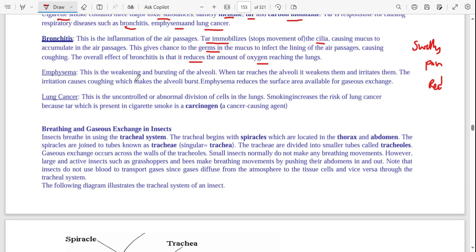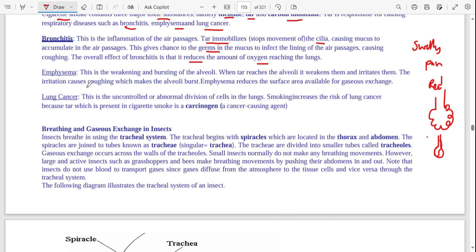Emphysema is a weakening and bursting of the alveoli. Remember, the alveolus was supposed to be normally like this, but then it becomes weak, and then you see it becomes like so. It has broken. Think of a balloon that has popped. That is what happens in emphysema. So what happens is that when tar, the same thing found in cigarettes, reaches the alveoli, it weakens and irritates them.